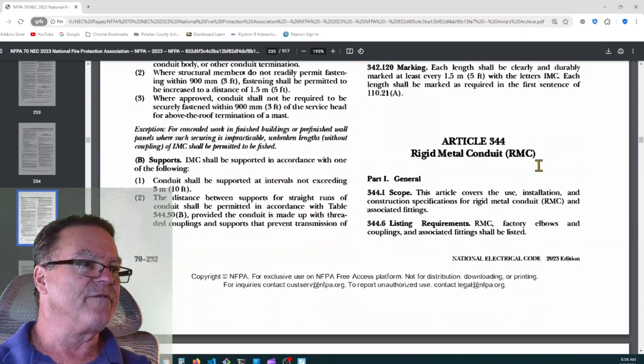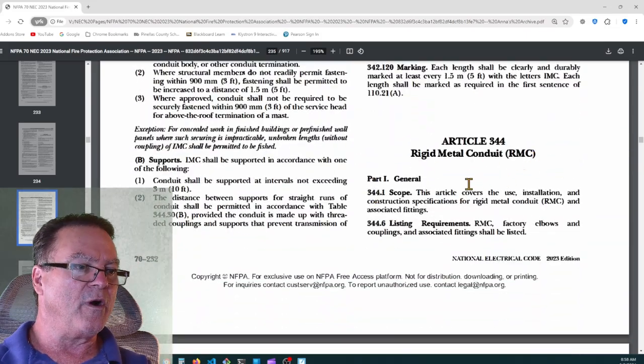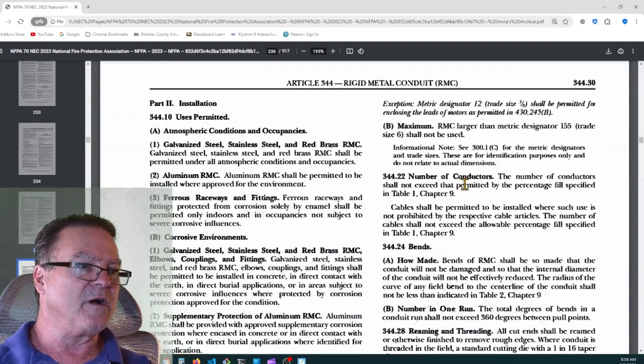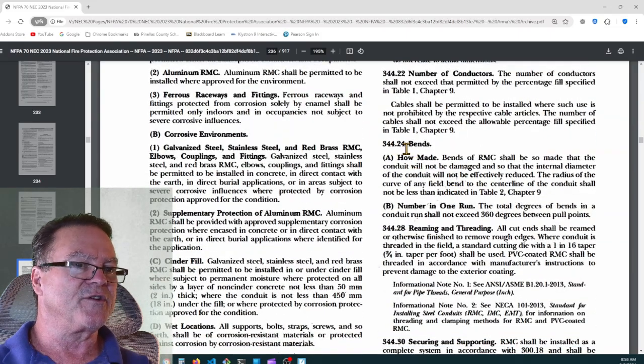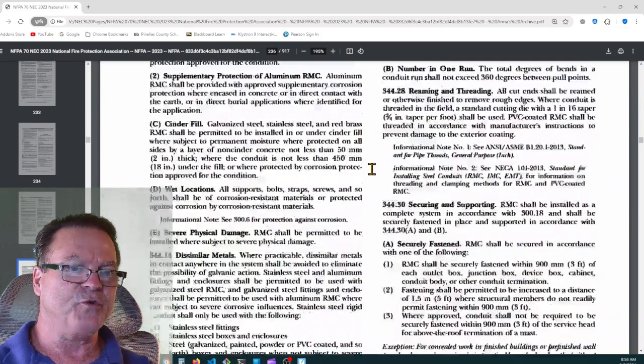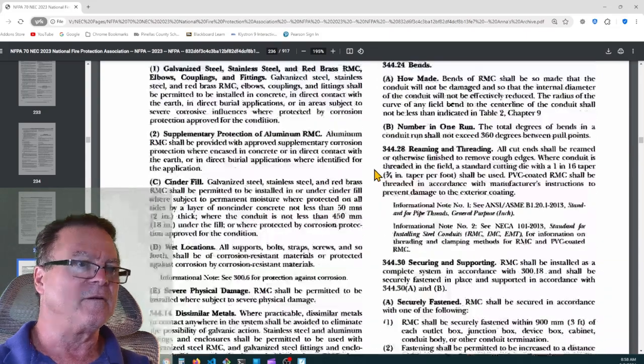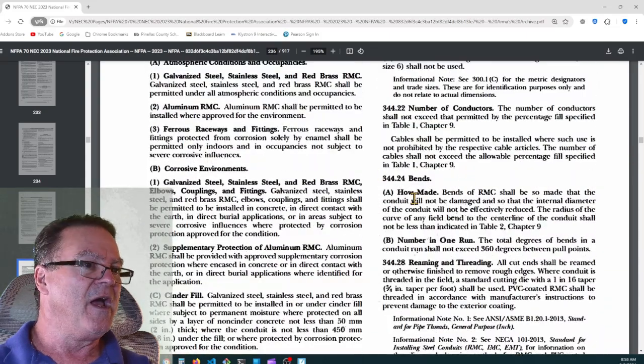So here's Article 344, rigid metal conduit in the code book. And if we go to part, I think it's, here it is, Article 344.24. I think it's in part 2. Well, it doesn't matter what part, but it's in part 2.